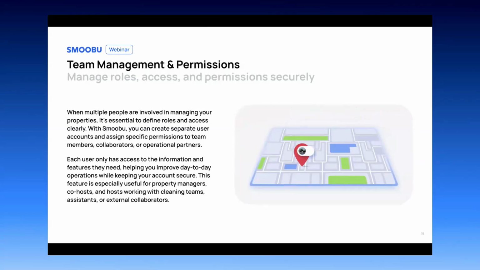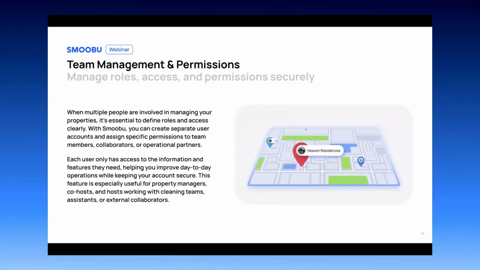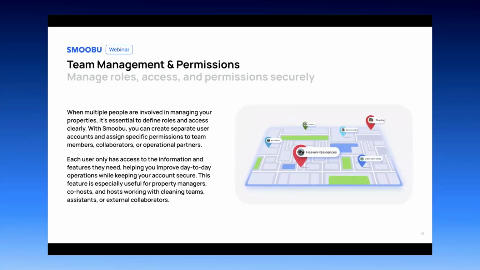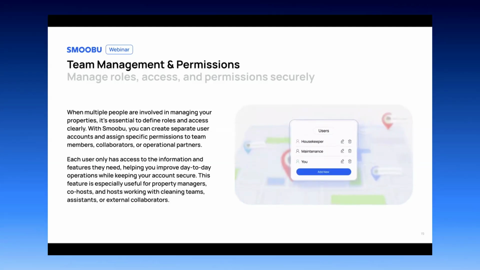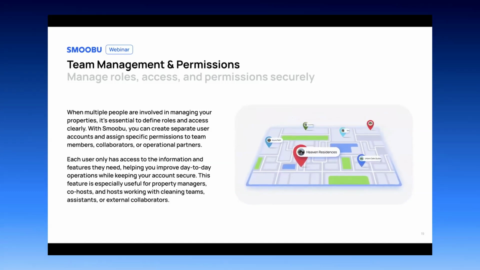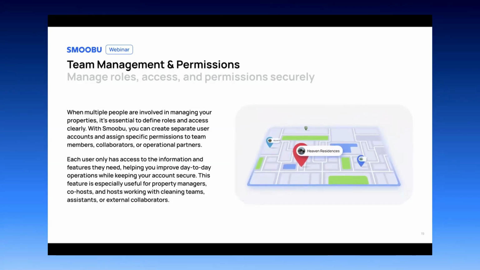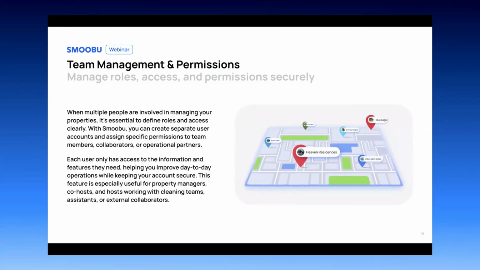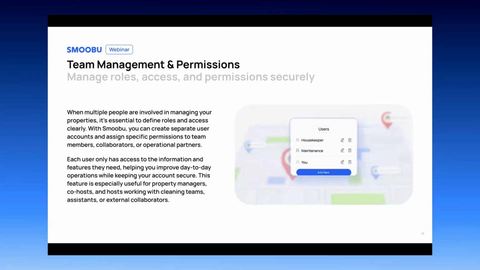Next, we have our tools for your team management and permissions. If you have multiple properties with multiple users that need access to our system, you'll be able to create tailor-made accounts for them. In this way, you'll be able to decide which parts of the system you'd like them to see. For example, if it's a maintenance worker or a housekeeper, you'll be able to remove certain parts of the system and they'll only see whatever is relevant for them.